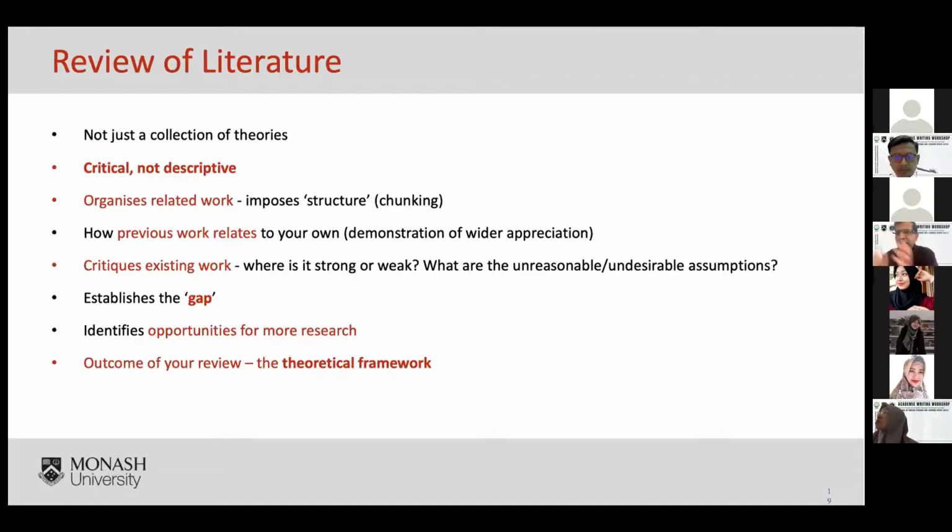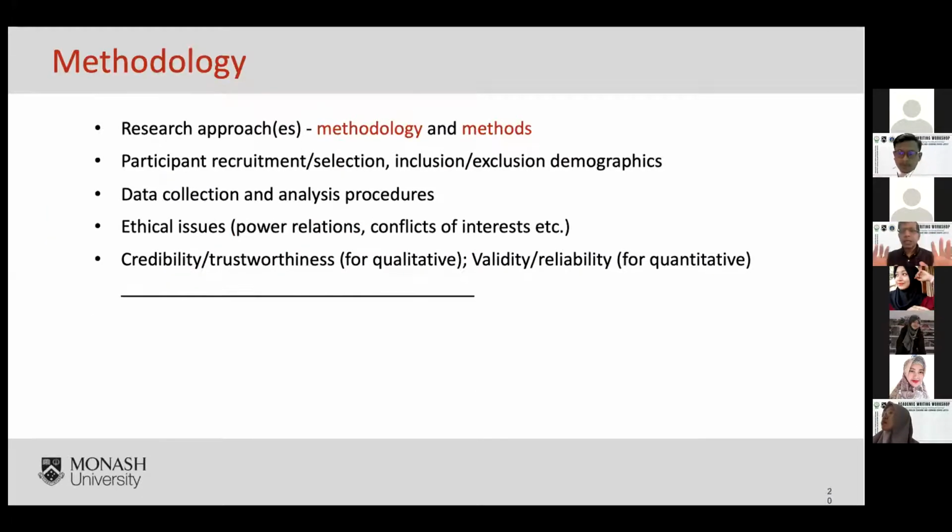And that integrated framework is called the theoretical framework. That is why the theoretical framework is the outcome or the result of your review. And that's what I said in my definition in the earlier slide, which you can read about in my article, right? It's the outcome.